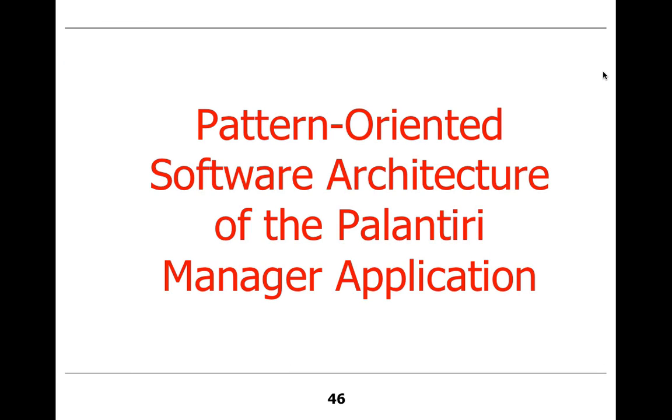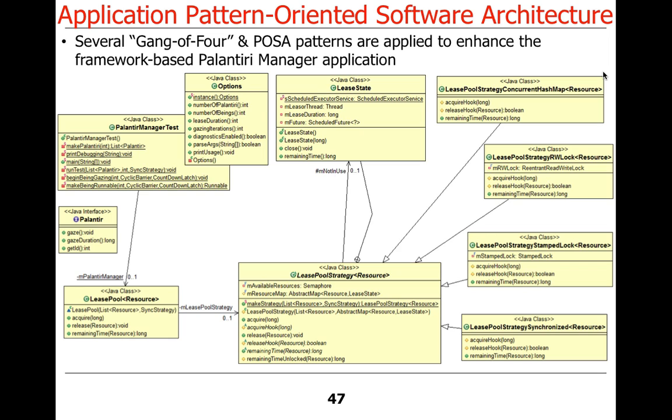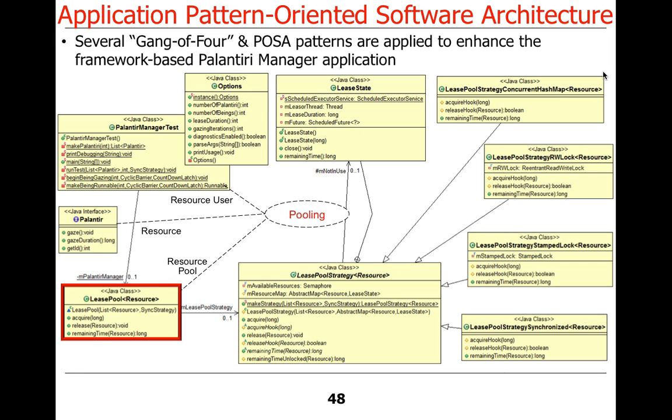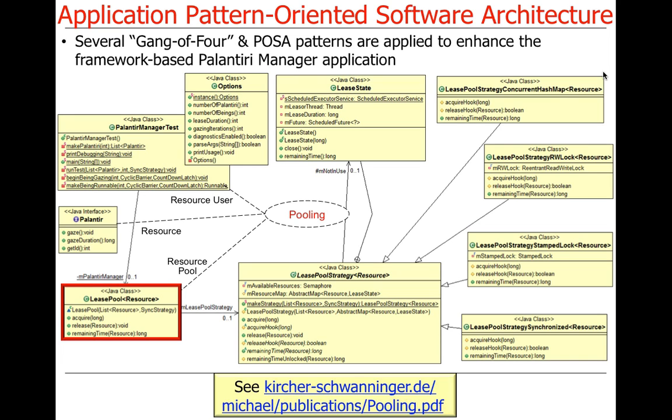Now let's talk about the pattern-oriented software architecture of this thing. We'll see some of the things it does. It uses a pattern called the pooling pattern, which is defined in the POSA 3 book. You can also download a version of the pattern here. Basically, it talks about creating a pool of resources that are pre-allocated or allocated on demand and then kept around in the pool to optimize acquiring and releasing the resources.